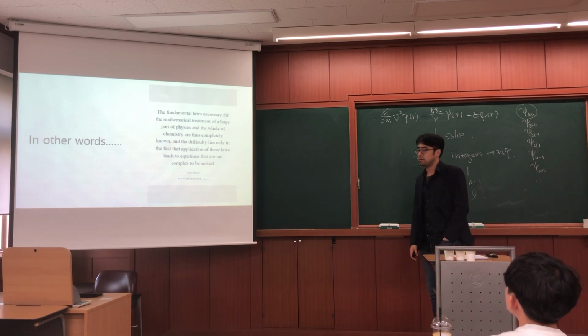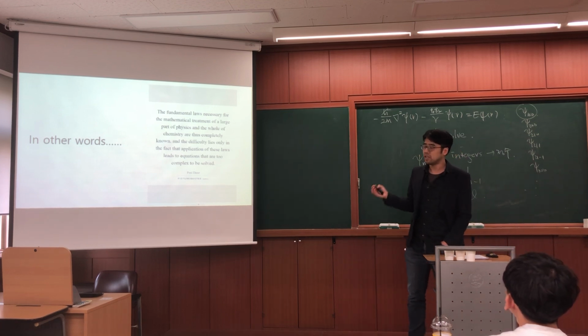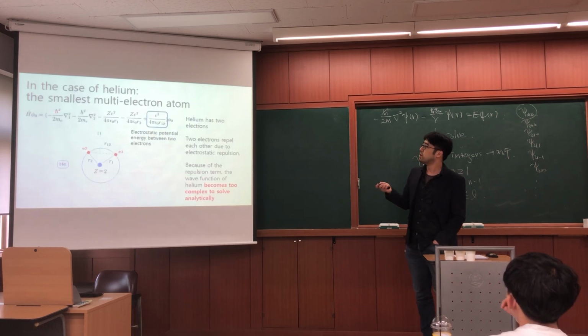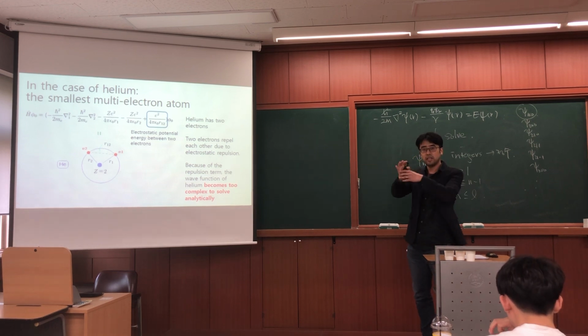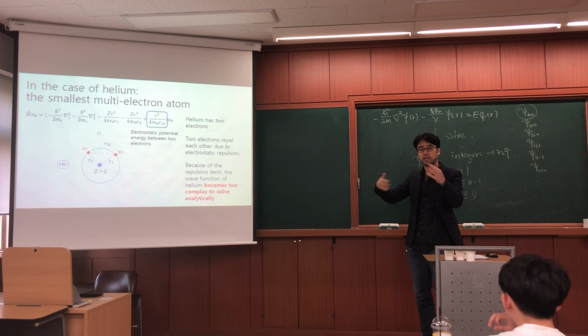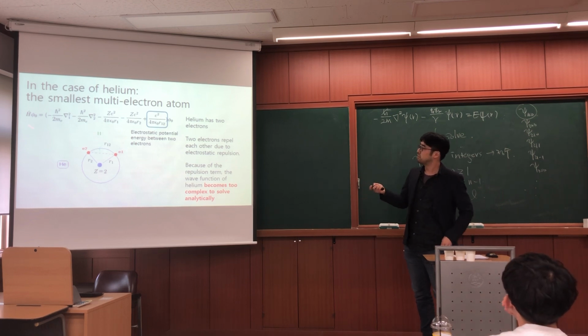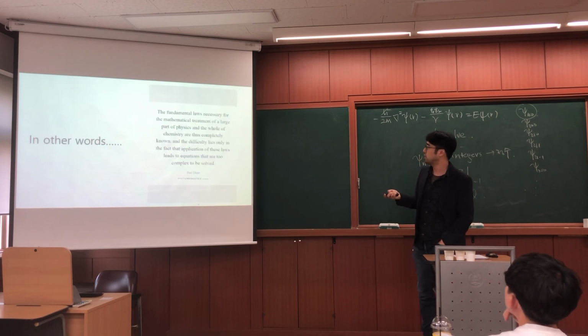It's quite a strong statement, but it means that in principle, if there is a super smart person, maybe a god, then we can write down the equations based on quantum mechanics, but we cannot solve them because they're too complicated.